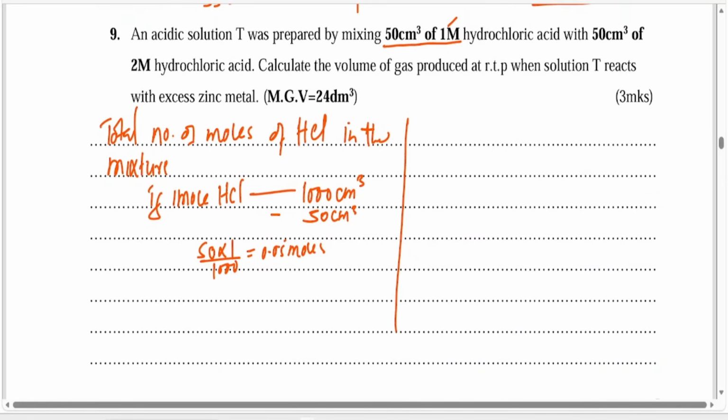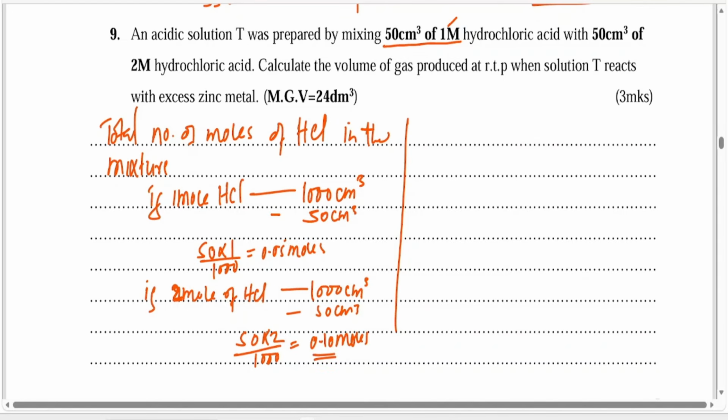And in the other case, for 2 molar, because now we have 2 molar, so if 2 moles of HCl was in 1,000 cubic centimeters, what about 50 cubic centimeters? So when we work it out, 50 times 2 divided by 1,000, we obtain 0.10 moles.